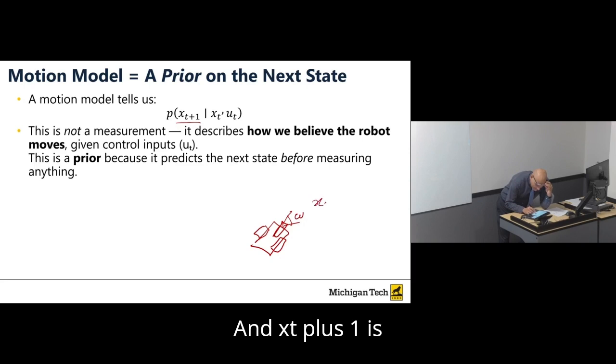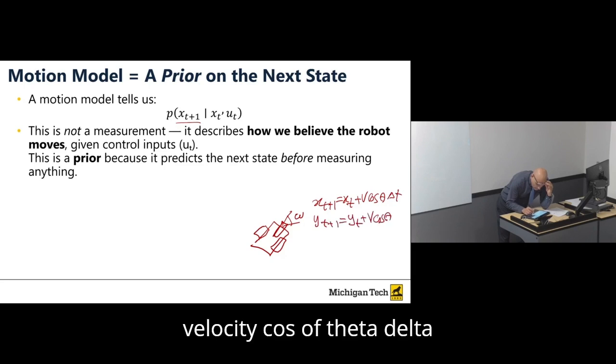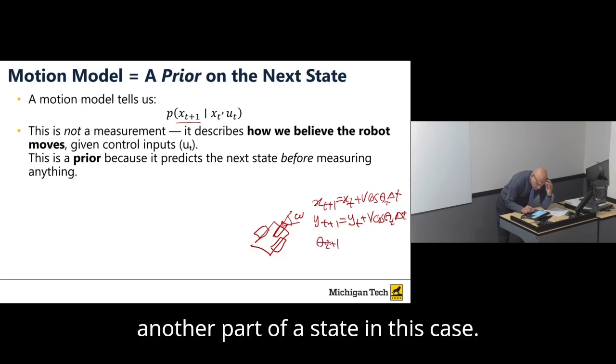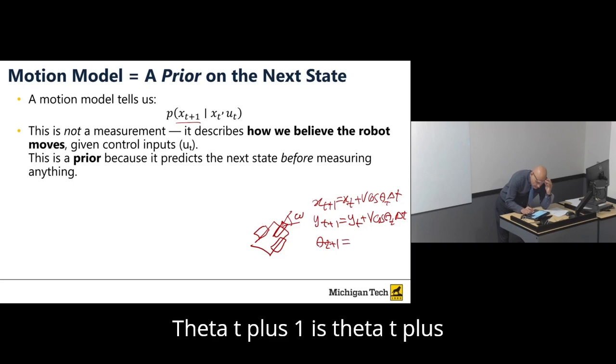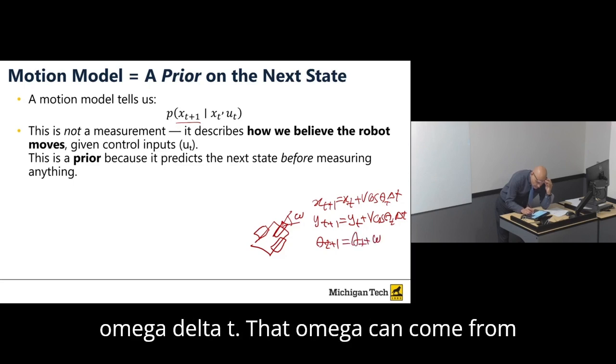And xt plus 1 is equal to xt plus v cos of theta delta t. And yt plus 1 is also yt plus velocity sin of theta delta t. And this is theta, and theta is also another part of the state in this case. Theta t plus 1 is theta t plus omega delta t.